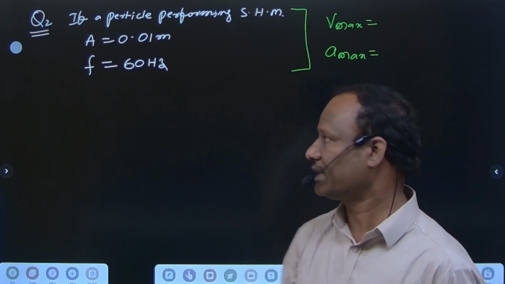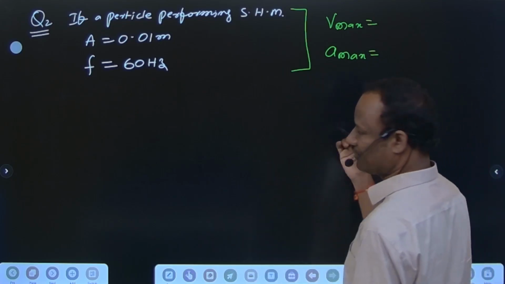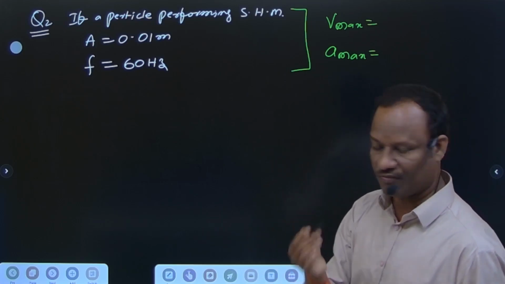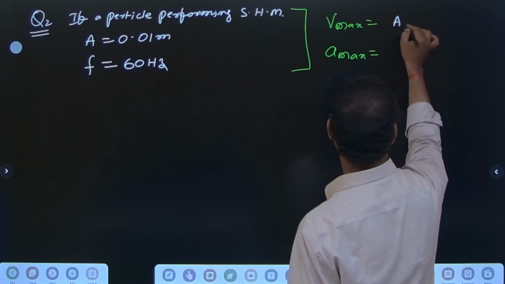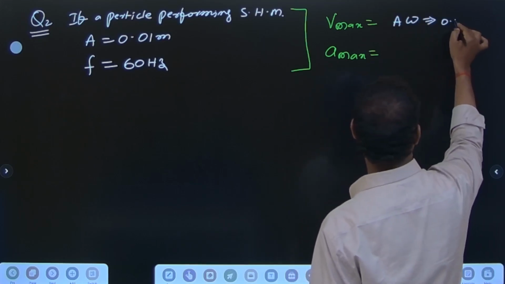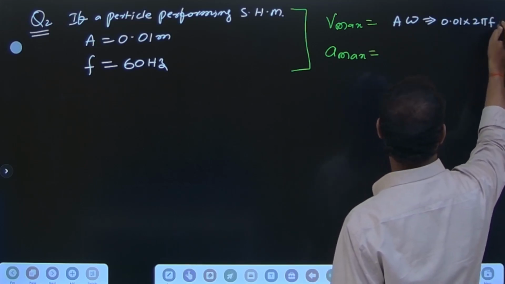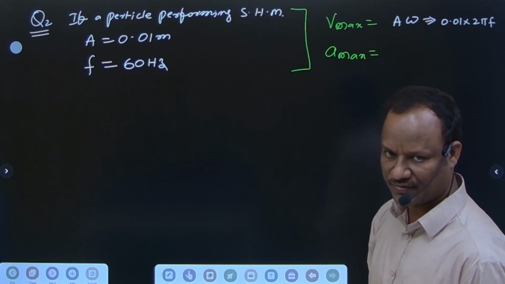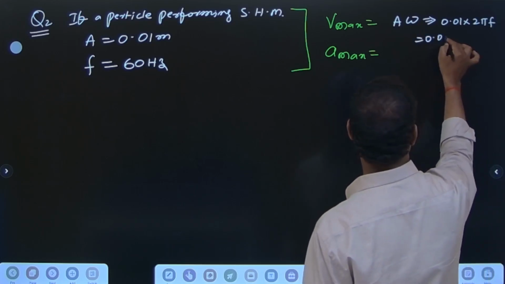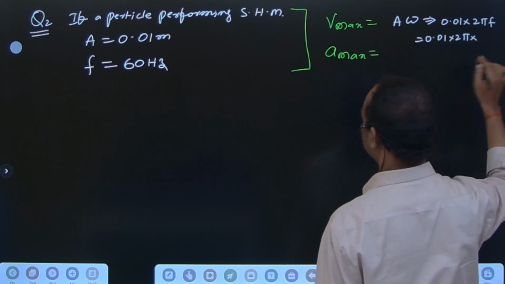What is the formula for maximum velocity? Where is the velocity maximum? At mean position. The formula is A omega. What is A? 0.01. Omega is 2 pi by T, which means 2 pi F, since the reciprocal of time period is frequency. So 0.01 into 2 pi into F value 60.